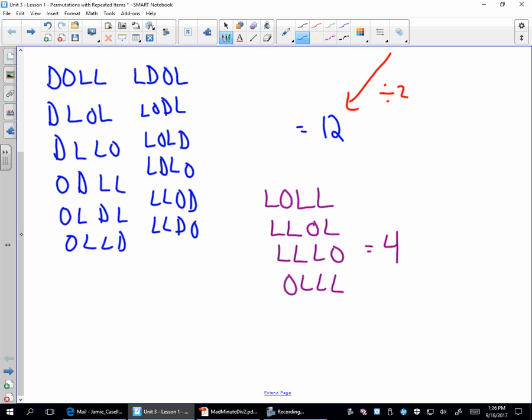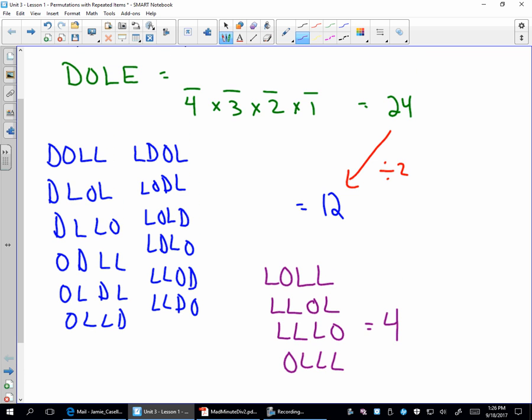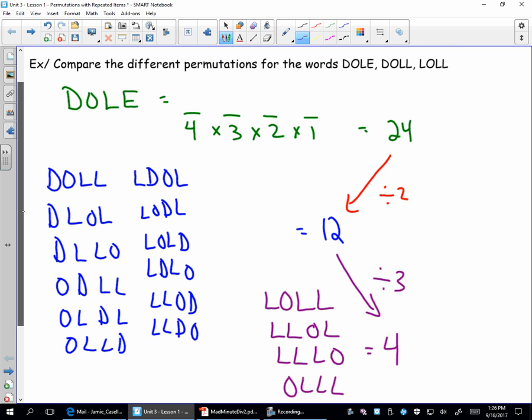Okay. Which seems like, well, there's a combination again here. I can divide by 3. Right? 12 divided by 3 is 4. But how do I know from the very beginning that I have 4 different combinations of these things without having to go through them all? What idea can I use?